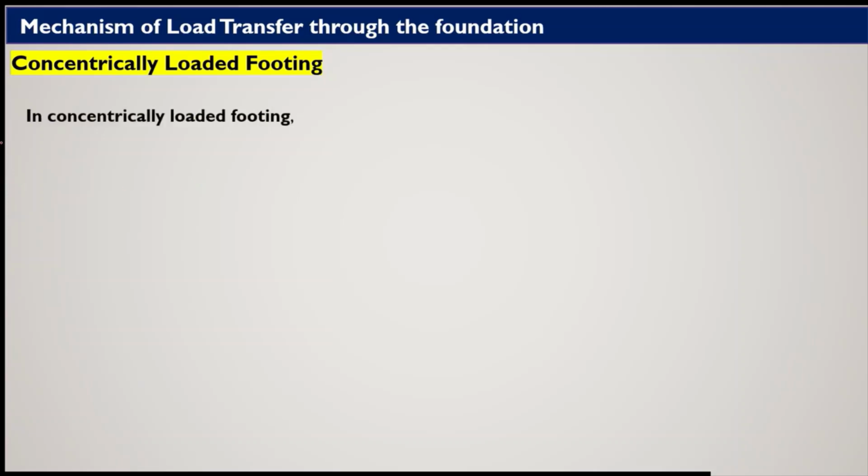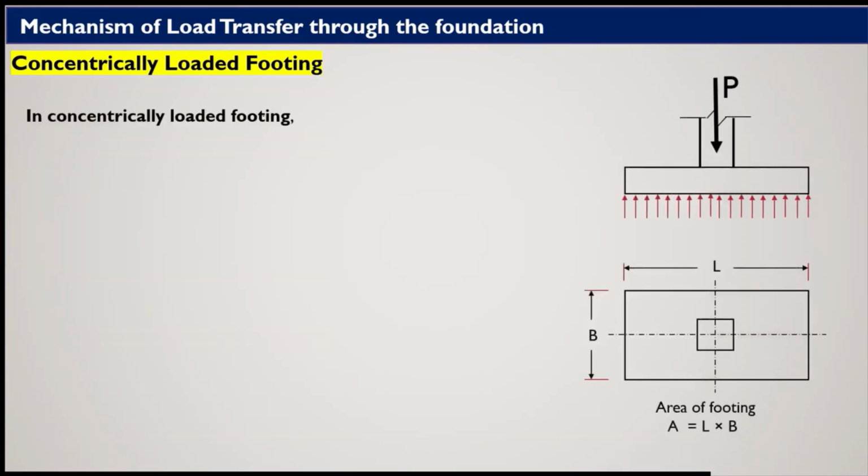In a concentrically loaded footing, you can see in this diagram, we have taken a column and this is the isolated footing, and the line of action of the column load will coincide with the centroid of the footing.